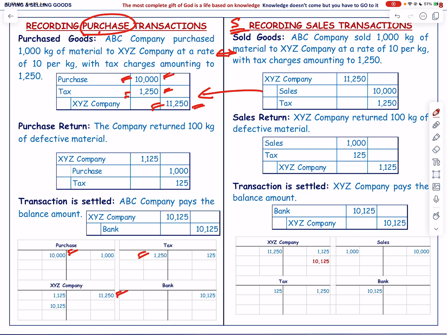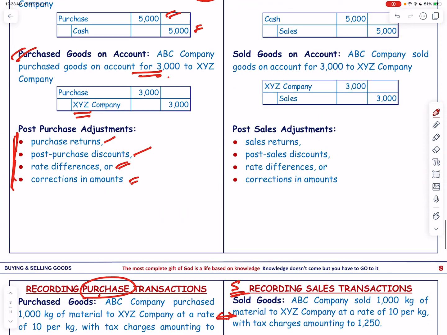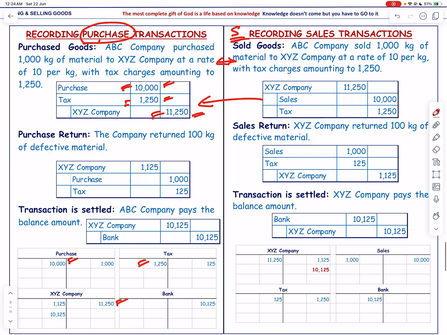Now, these events can include purchase returns, post-purchase discounts, adjustments for exchange rate variances, or corrections to recorded amounts. So, each of these scenarios may require adjustments to the initial purchase transactions between ABC company and XYZ company.